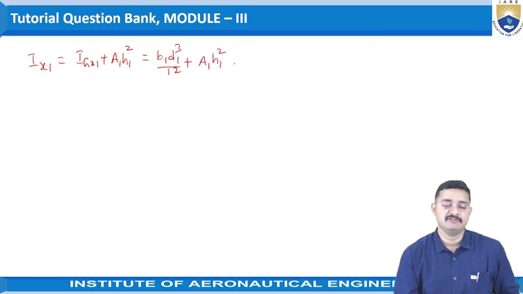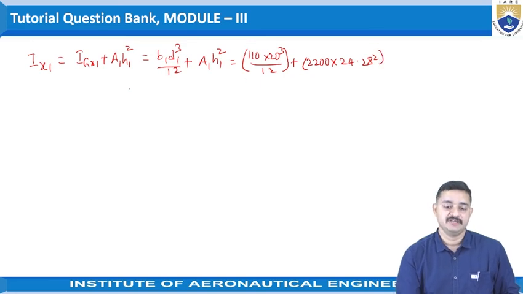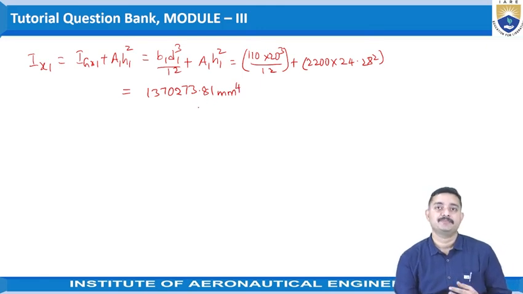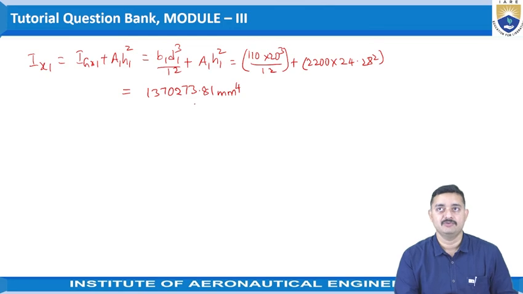When we substitute the values, it would be 110 into 20 cube by 12 plus 2200 into 24.28 square. On further simplification, you will get the value as 1370273.81 millimeter to the power of 4. So the moment of inertia unit will be length to the power of 4.